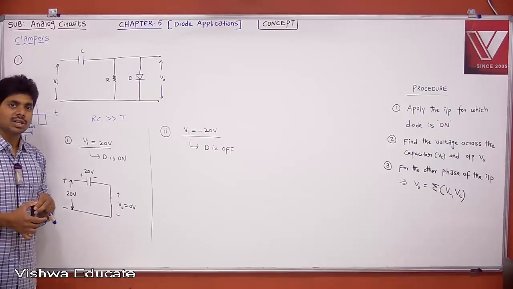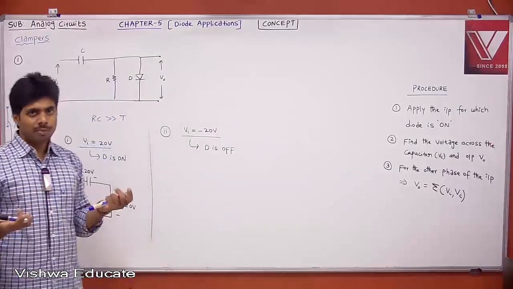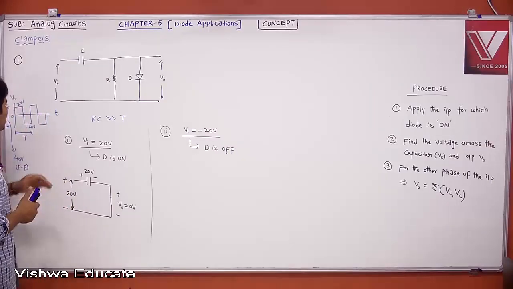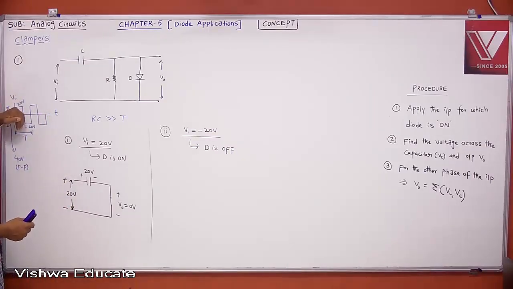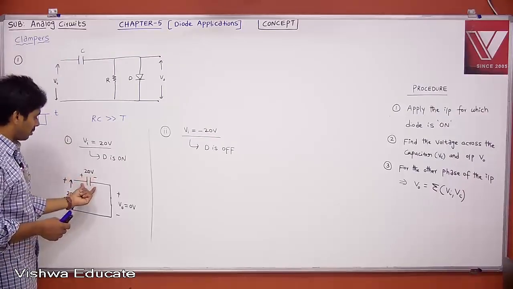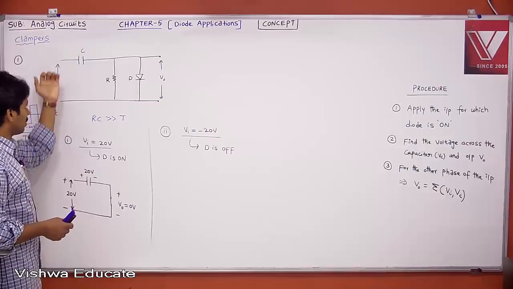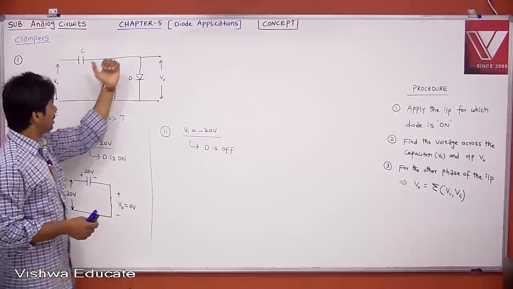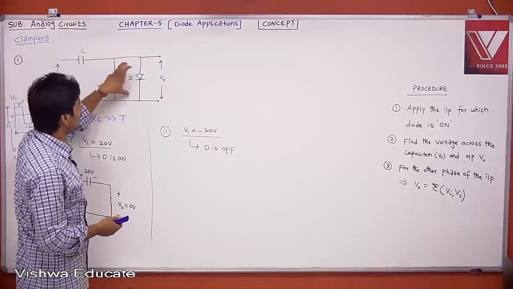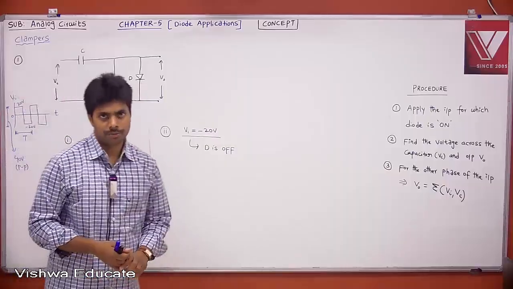It can change instantaneously only if an infinite amount of current can be passed, and practically we cannot pass infinite current. Therefore, when the input changes from plus 20 to minus 20, the voltage across the capacitor, which already has plus 20, cannot change instantaneously. It holds whatever it has, and the change from 20 to minus 20 is applied here. For that change, your diode will be off.